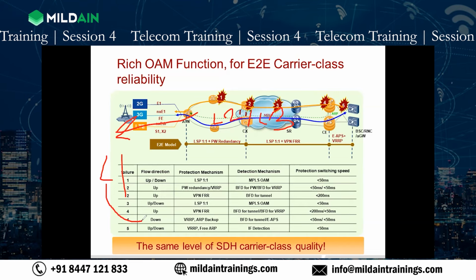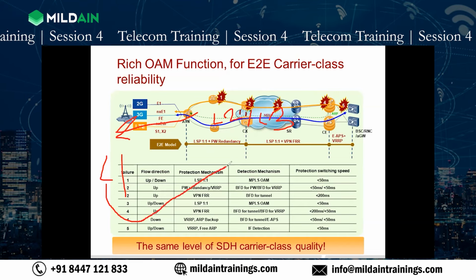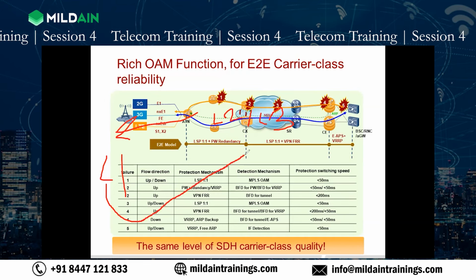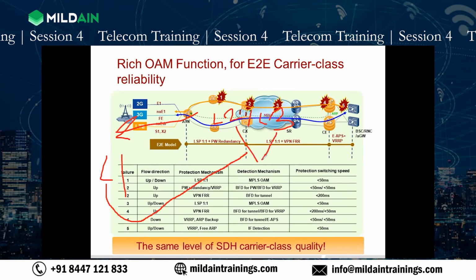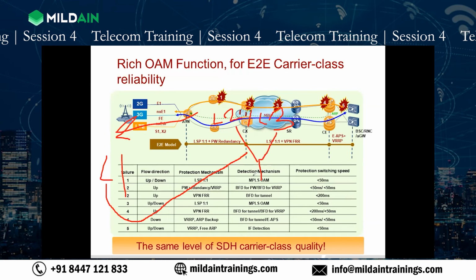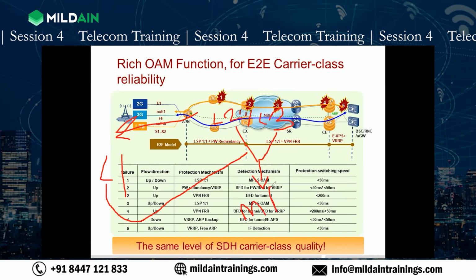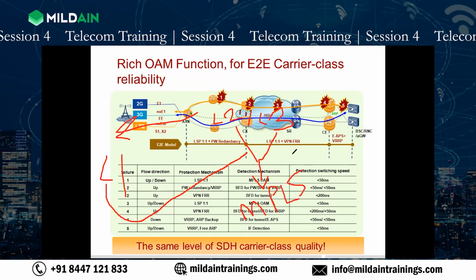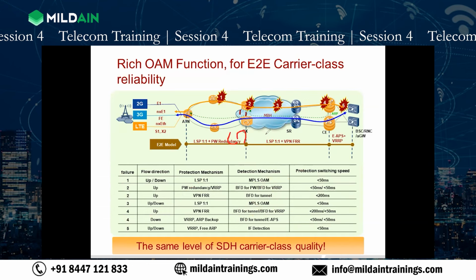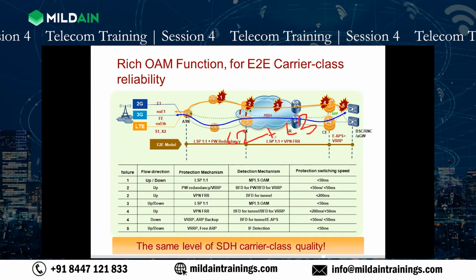We don't need to go into exactly what. But they inherited the OAM functionalities of layer 1, and between layer 2 and layer 3 they invented one, you must have heard, MPLS. But MPLS also is not giving a guarantee. Layer 2 plus layer 3, in between, MPLS is running.